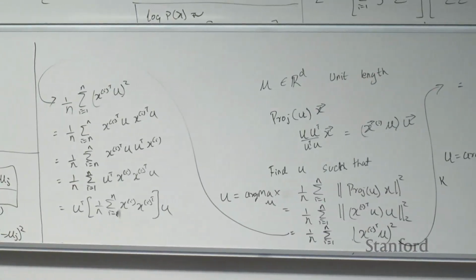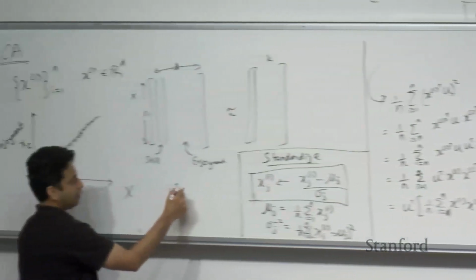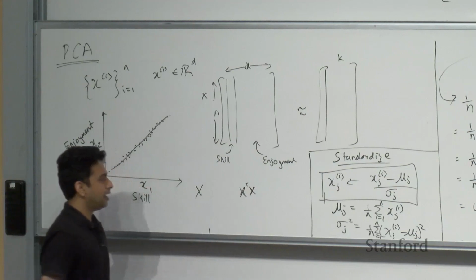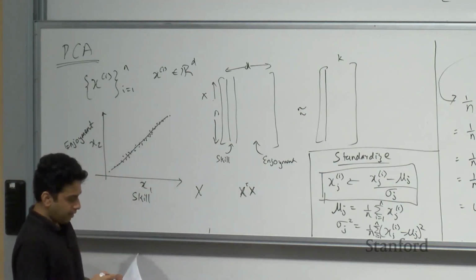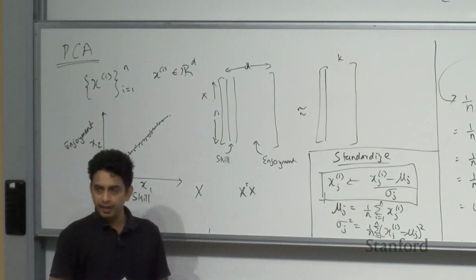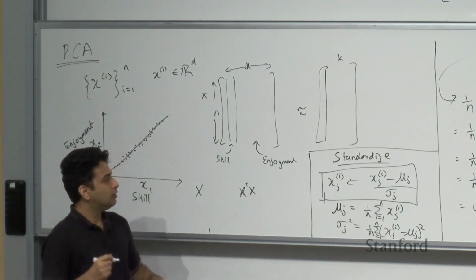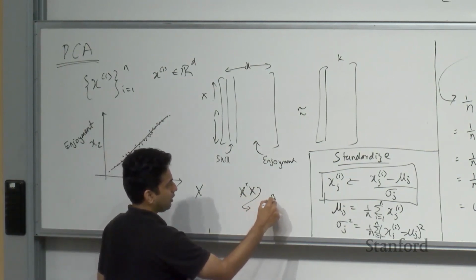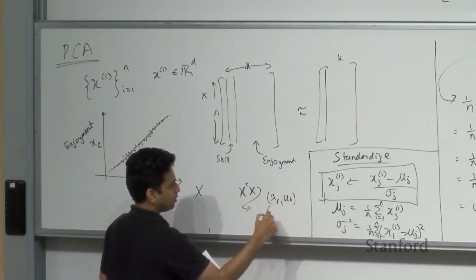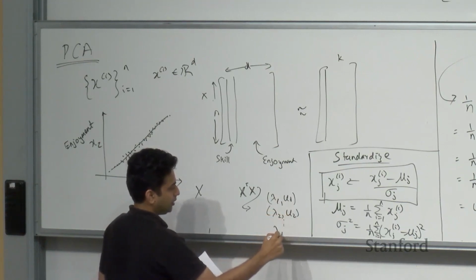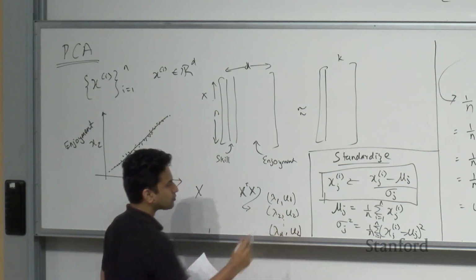Take x transpose x and calculate the eigenvectors and eigenvalues, or calculate the spectrum of x transpose x, and depending on the number of subspaces that we want to retain, x transpose x will give us a collection of lambda i u i, so say lambda 1 u1, lambda 2 u2, until lambda d ud, right?